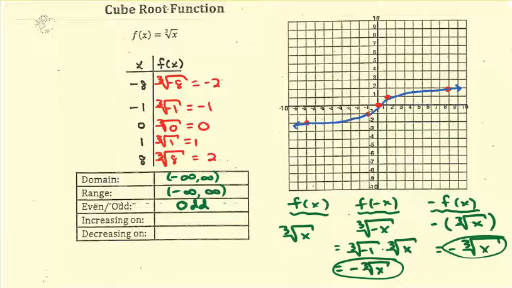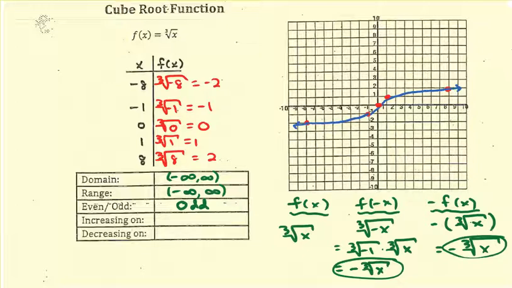As for increasing, decreasing, and so on, if you start at the left end of the graph and trace your finger from left to right, you would see that your finger starts out increasing, continues to increase maybe at a faster rate, and then still increasing, but now at a slower rate. Regardless, this graph is always increasing.